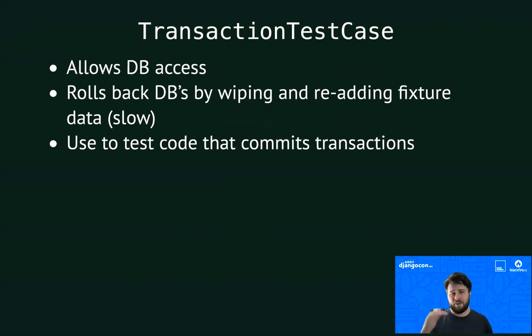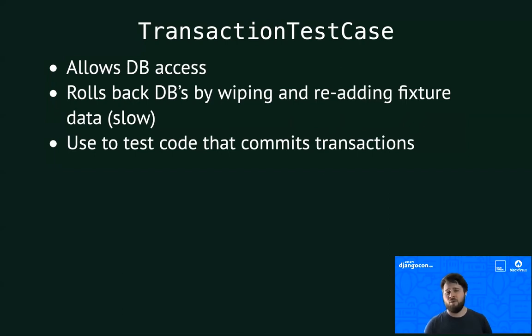The next class down in the hierarchy is TransactionTestCase, and this does allow database access. That's its key addition to SimpleTestCase. It allows database access and ensures test isolation by rolling back the database, or indeed databases, because Django supports multiple database connections, by wiping all the databases and then re-adding any fixture data you've defined.